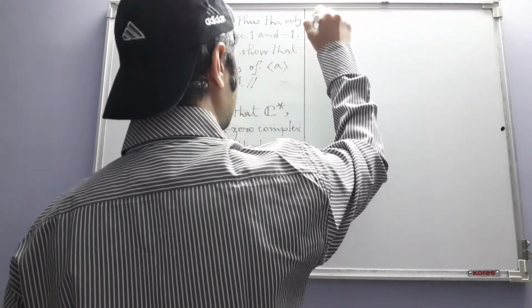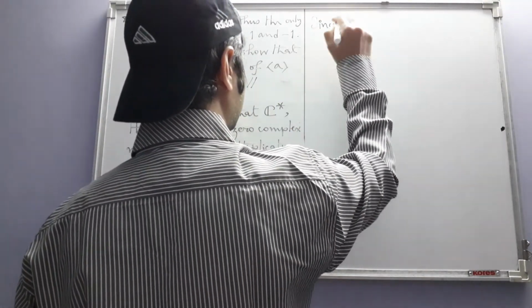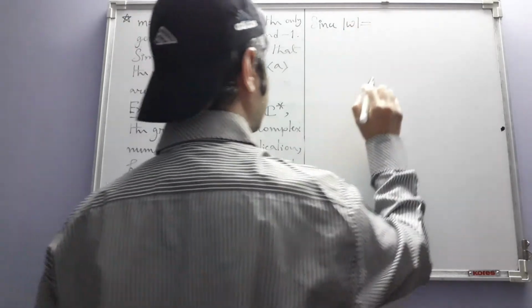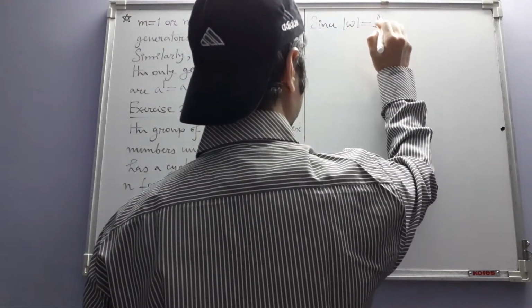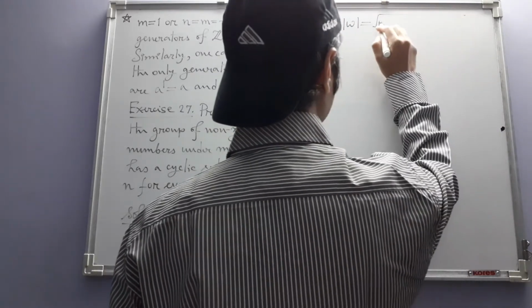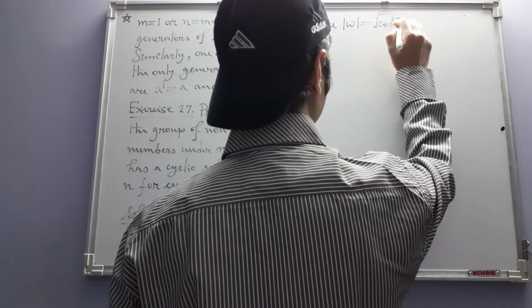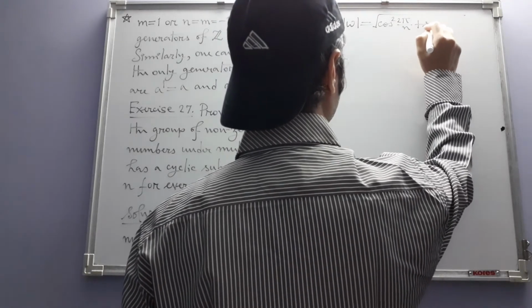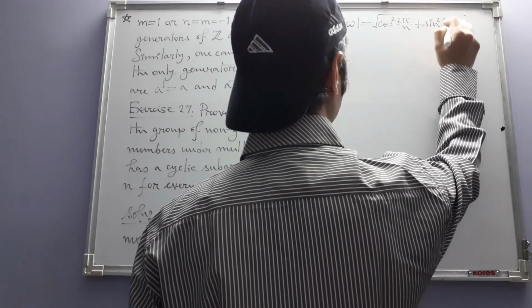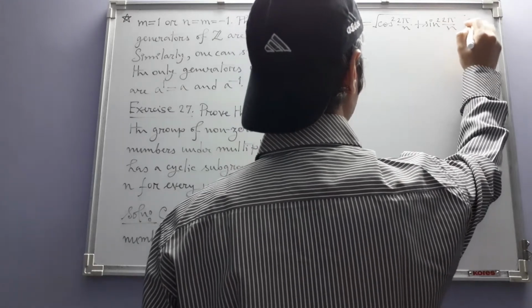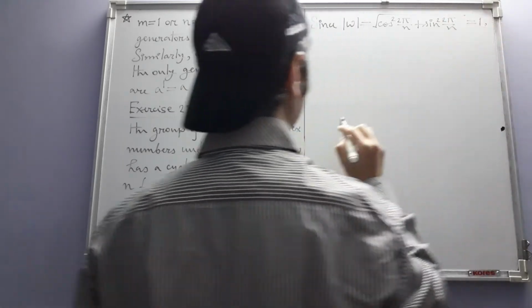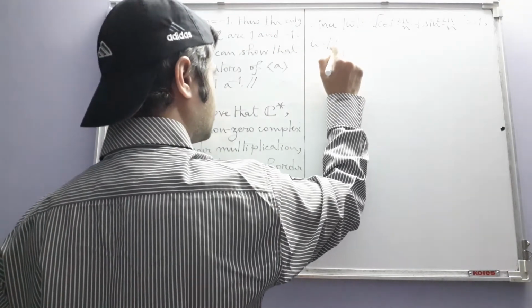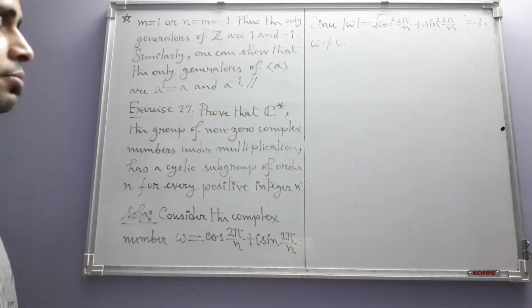Since the absolute value of omega is equal to 1, omega is not equal to 0.